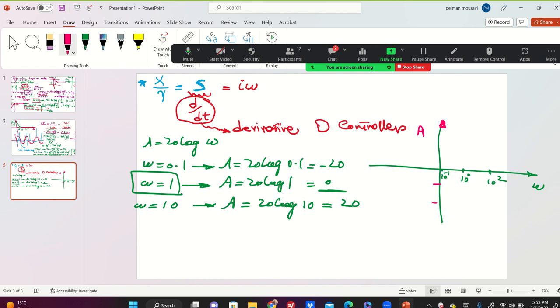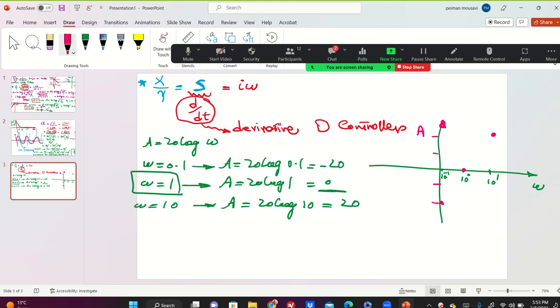Minus 20. Here is this point. At 1 is 0, this point. At 10, let me fix this. At 10, here is how much? 20. There we go.